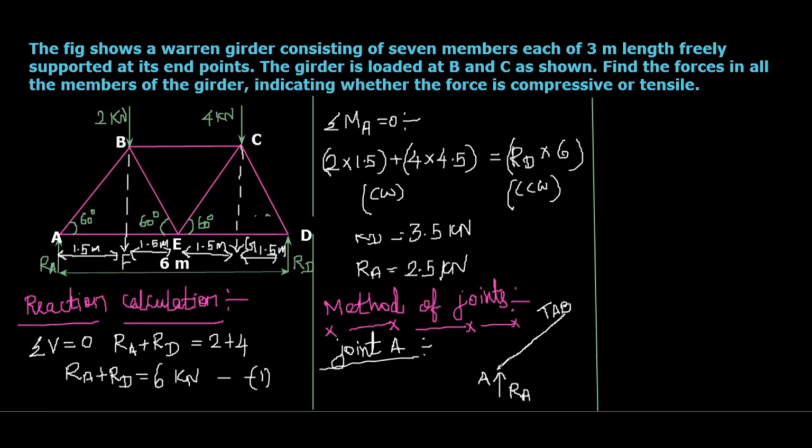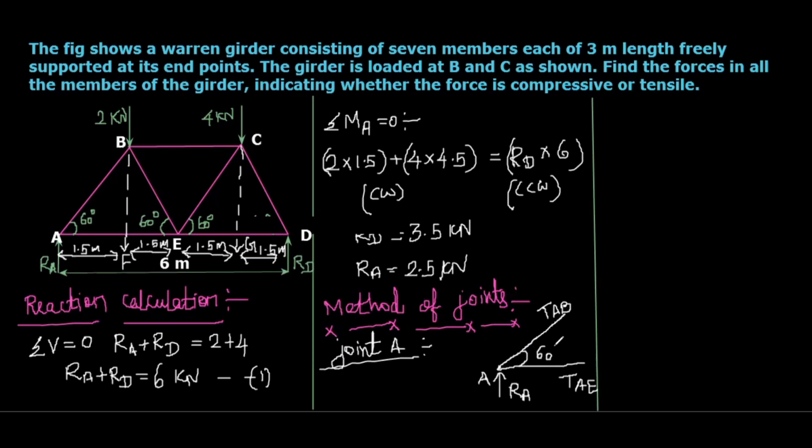Then a horizontal force, that is tension in the member AE, is acting. This inclination is 60 degrees.